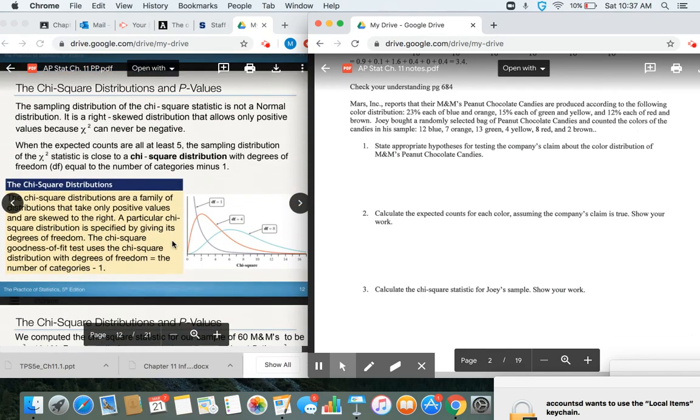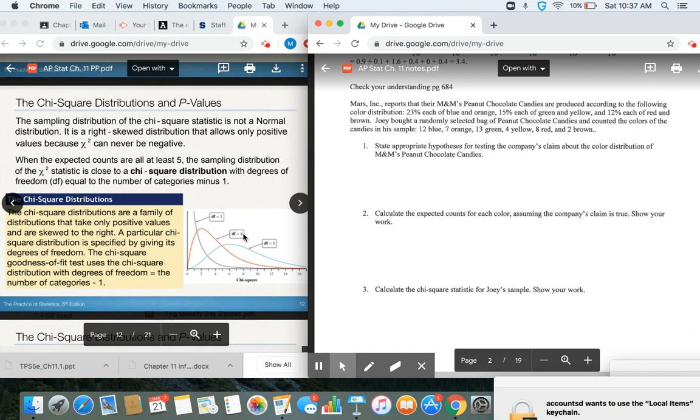So if you notice here in this slide, chi-squared distributions are different than what we've seen to this point. They're right-skewed distributions, okay? They're only positive numbers for chi-squared. They start at 0 and go out to the right, increasing. You'll notice that degrees of freedom should be used are the number of categories minus 1.